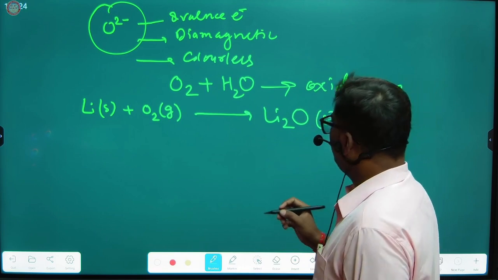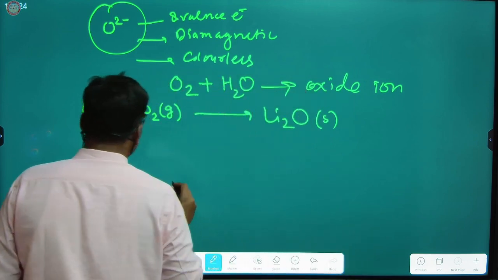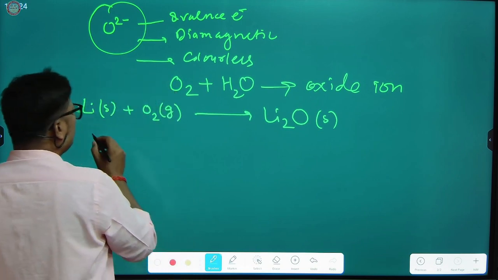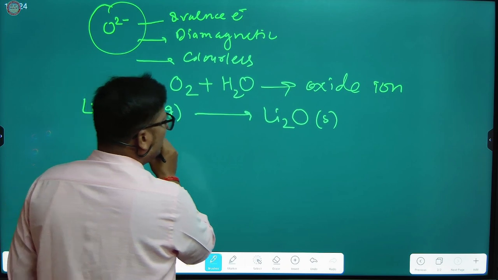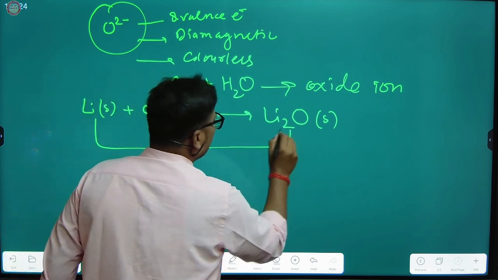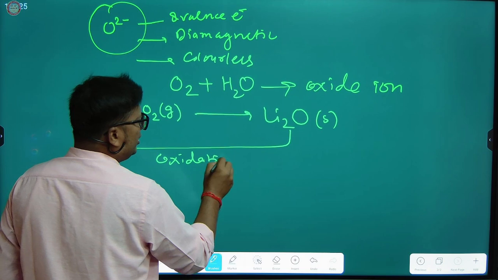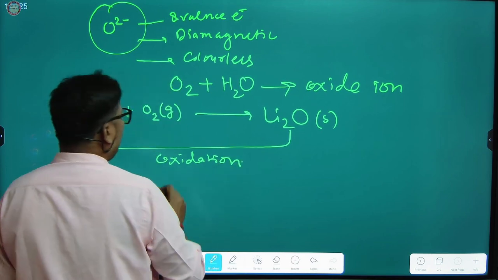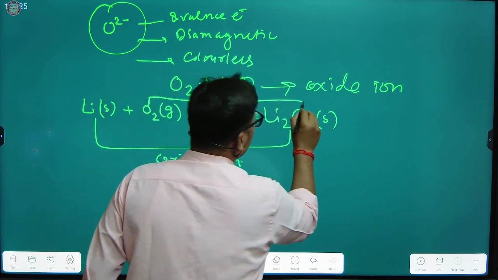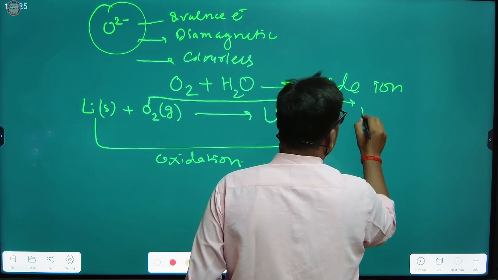What happens in this reaction is that lithium in a solid phase undergoes oxidation, right? So oxidation takes place, and the oxygen is reduced, reduction takes place.